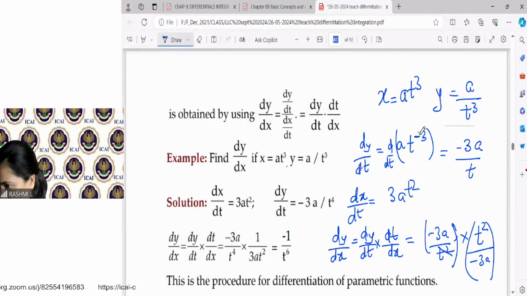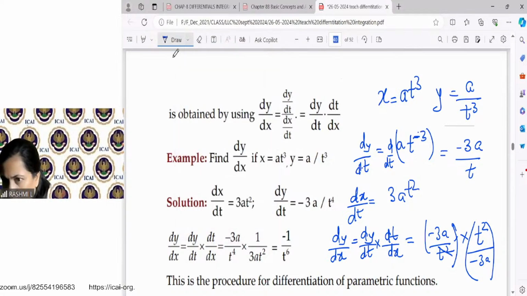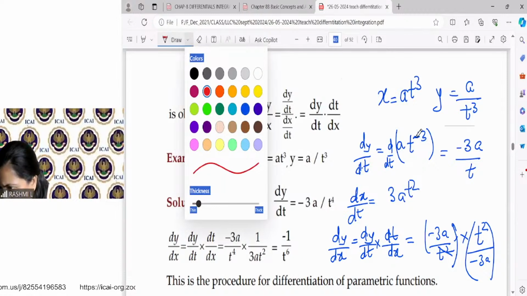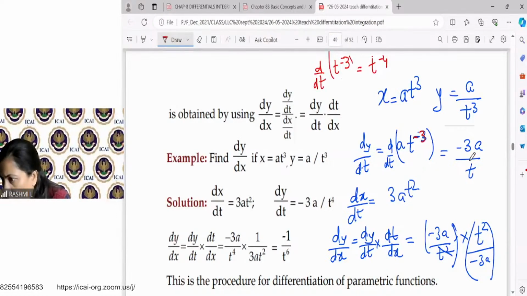Because this is t raised to minus 3, the derivative of t raised to minus 3 will be equal to t raised to minus 4. So this will be t raised to 4. Because I have taken it in the denominator, it becomes t raised to 4 in the denominator. Or if you write it in the numerator, you will have to write it as minus n.